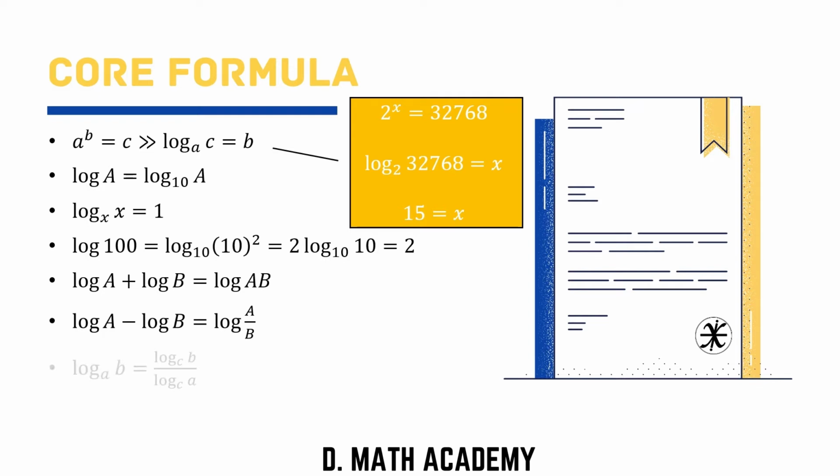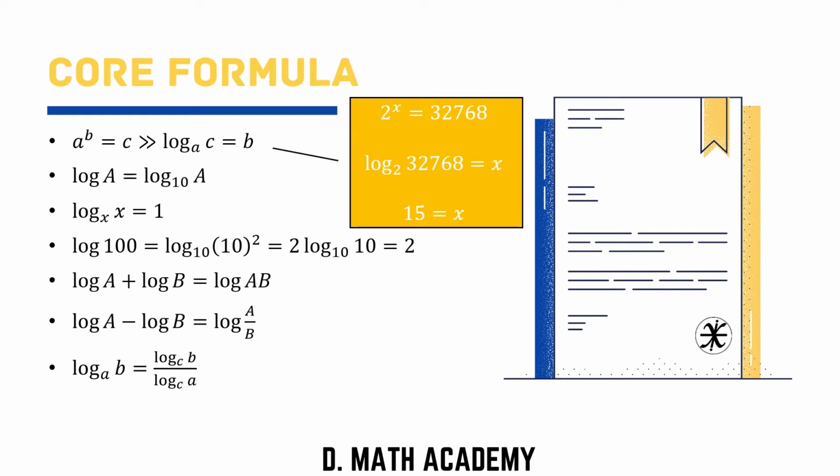Next one, we have changing the base. So we have log A, B over there. In some types of questions that we'll share later, they actually require you to adjust the base. So a new base is introduced to you. You will write it as log with a base of c, which is the new base set by the question.